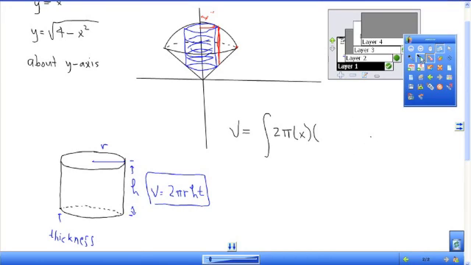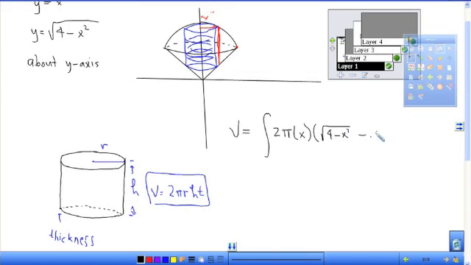So we're going to do top minus bottom here. This is the difference of the y value of that top function, which is the square root of 4 minus x squared, and the y value of that bottom function, which is y equals x. And then our thickness is that very small change in x, dx. I'm going to stack these from x equals 0 to x equals the square root of 2. That comes from the point of intersection.